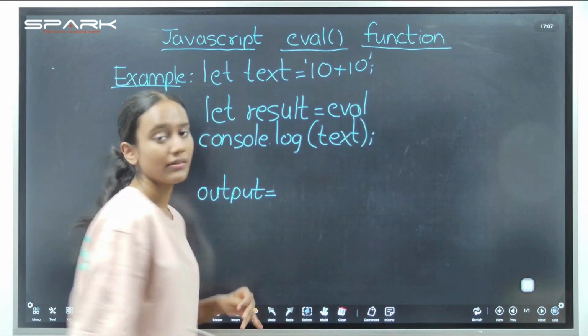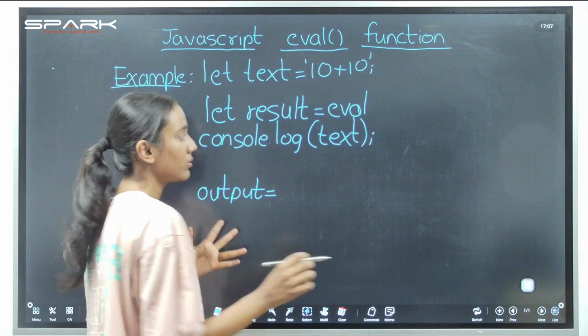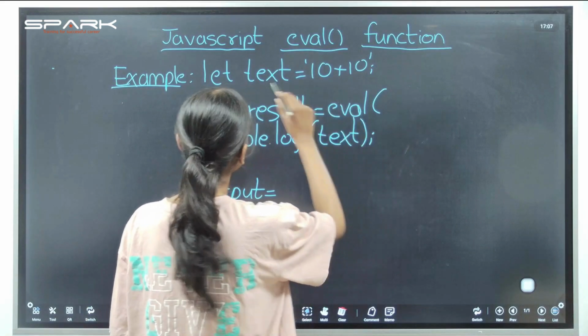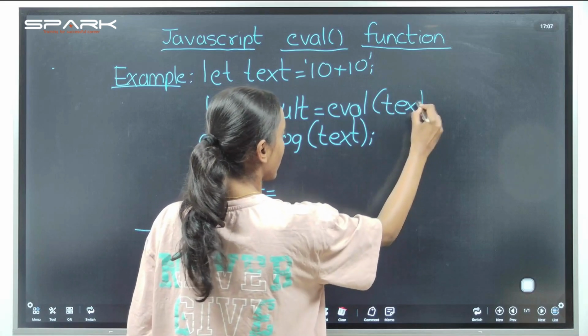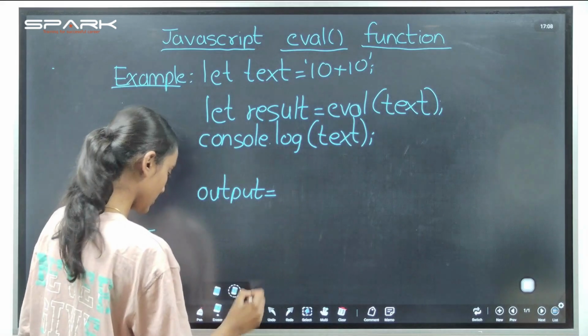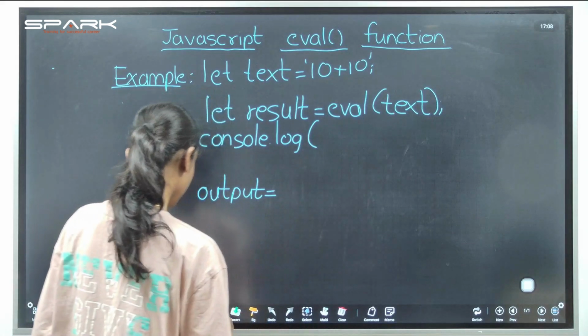Eval is an inbuilt function in JavaScript, so we can use it everywhere. Eval text over here, and over here it will be the result. We'll be putting this as a result.